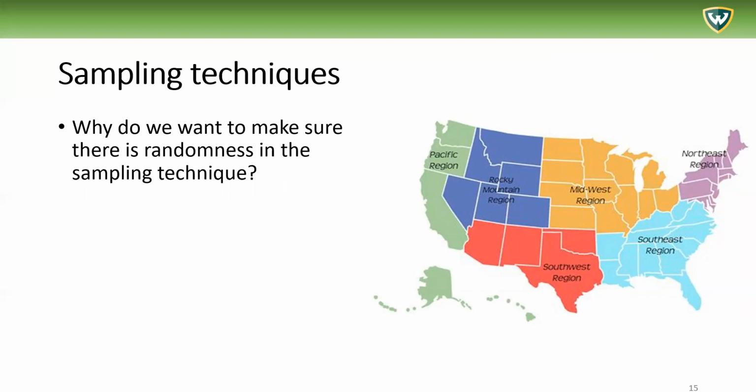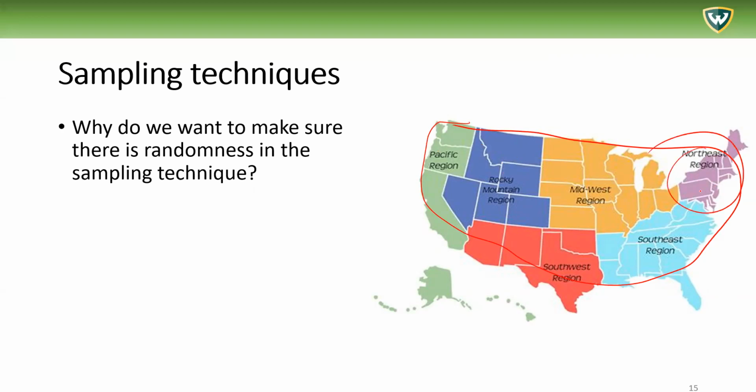So usually if we want to understand the patterns of a population and we only have a sample, we want to make sure that the sample accurately reflects the population. So if you want to discover how the bees' conditions are in the United States, you want to make sure that your data is for the whole United States and not just from the Northeast.